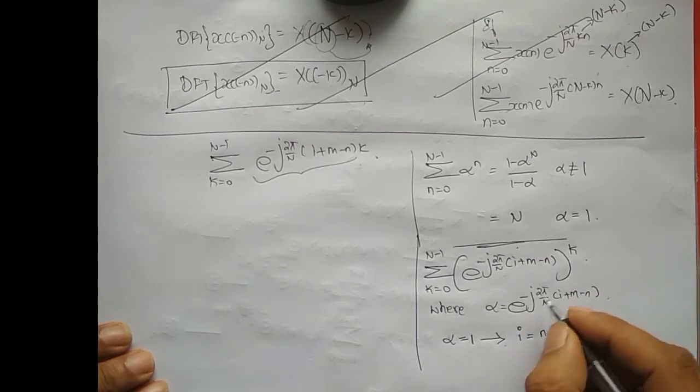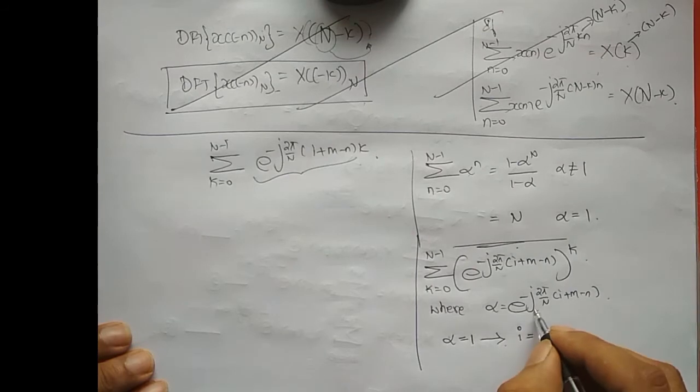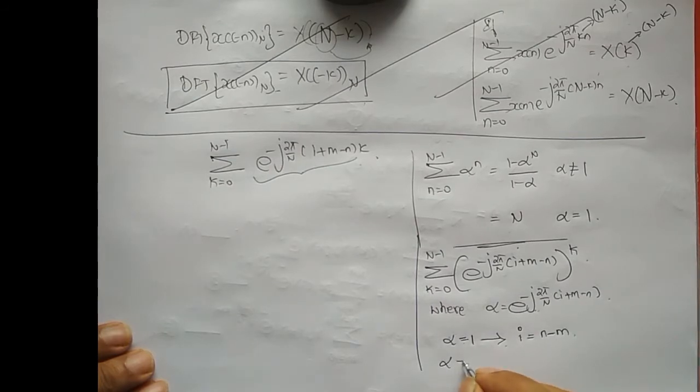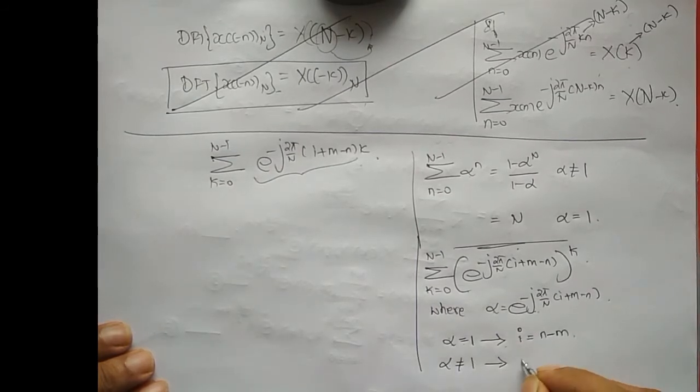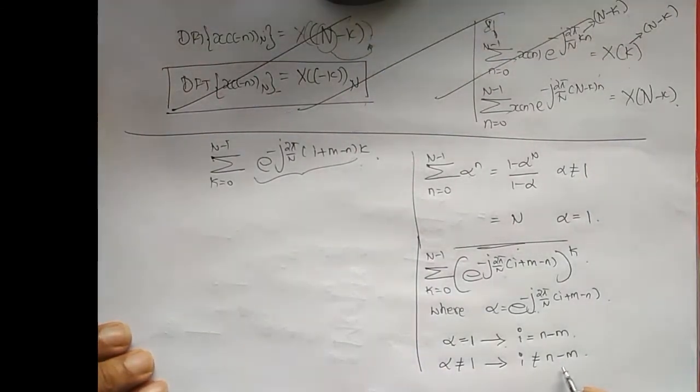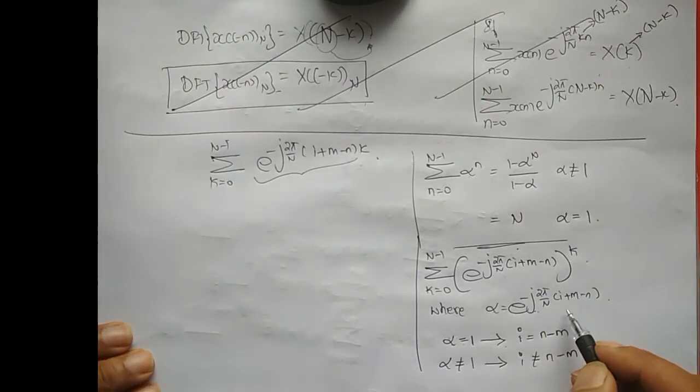So e power 0 is 1, and alpha becomes equal to 1. So alpha equal to 1 is nothing but I equal to N minus m. Alpha not equal to 1 is for other values of I, in the sense I is not equal to N minus m. This won't go to 1.